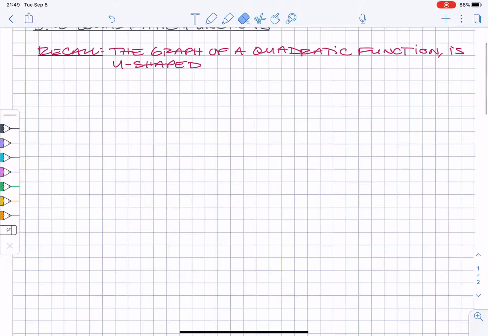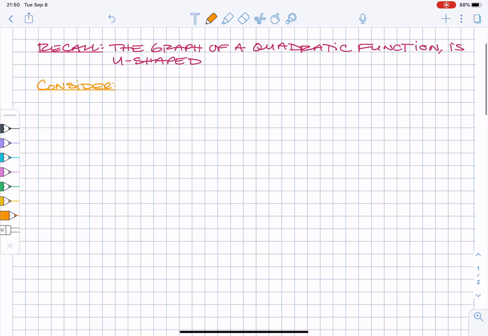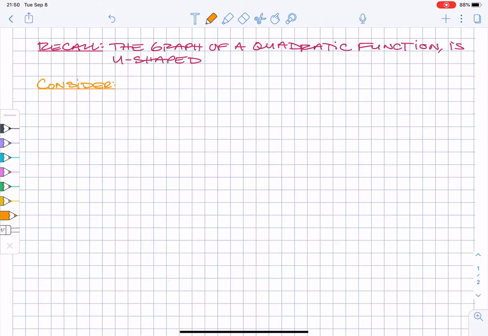So let's consider, let's say we have x and y coordinate axes. Maybe I'll go here. Let's say maybe we've got k here, h here. This is the x and y coordinate.